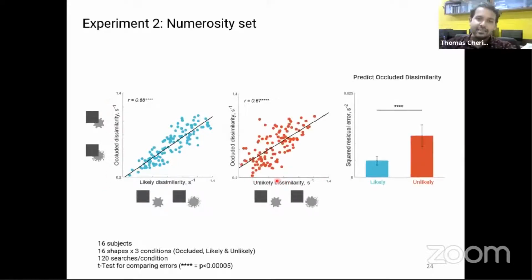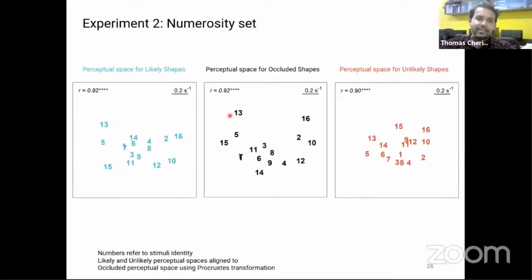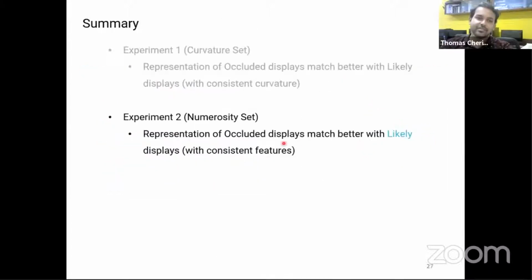And again, the likely dissimilarities are a better predictor of occluded dissimilarities. In the same way, if you look at the arrangement of these objects in perceptual space, we see that the arrangement of the occluded shapes matches much better to the arrangement of the likely shapes than to the arrangement of unlikely shapes. So from experiment 2 also we can conclude that the representation of occluded displays matches better with the likely displays, again because they have consistent features.